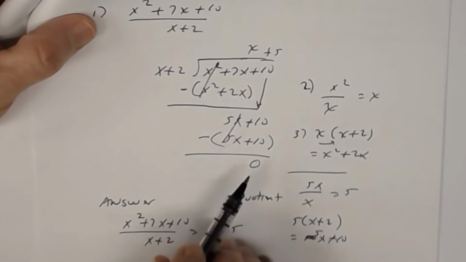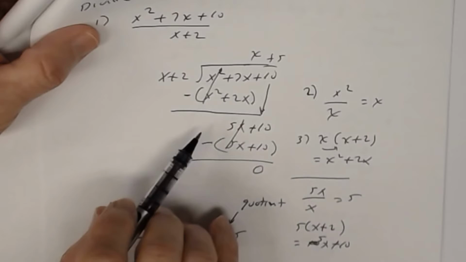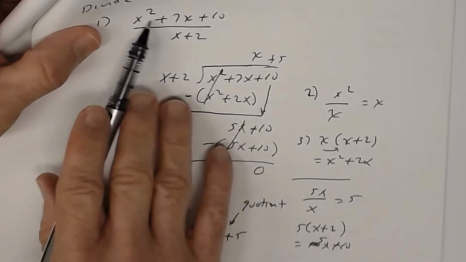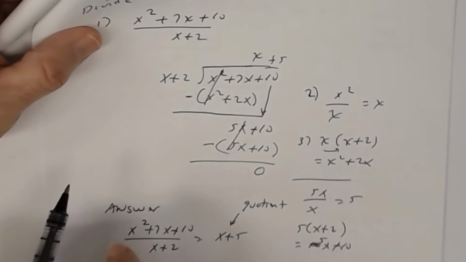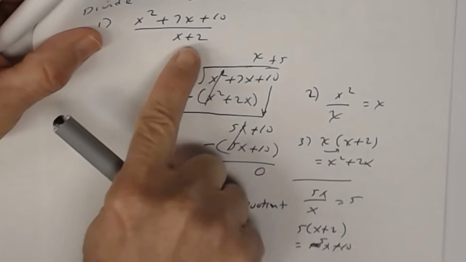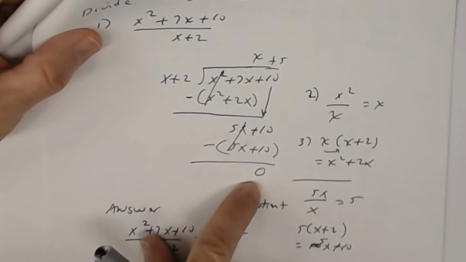One of the things we stated was this. Whenever you get a remainder of 0, that means that x plus 2 divides into this polynomial evenly. So this polynomial divides into this polynomial evenly. So that's why you got a remainder of 0. Now that's going to be important when we talk about another lesson soon.